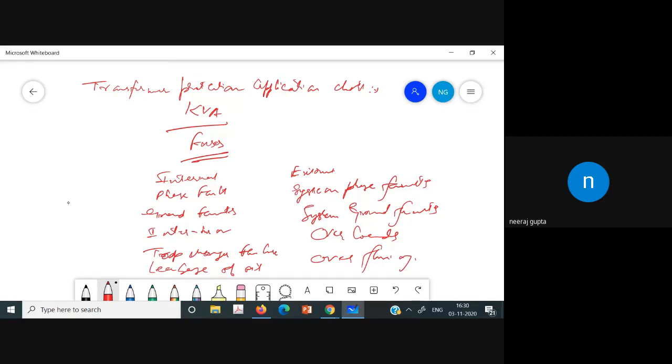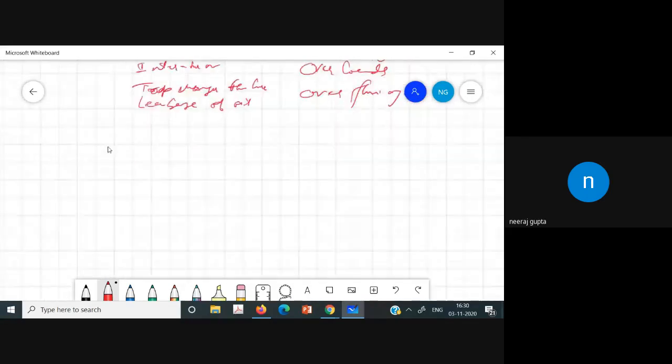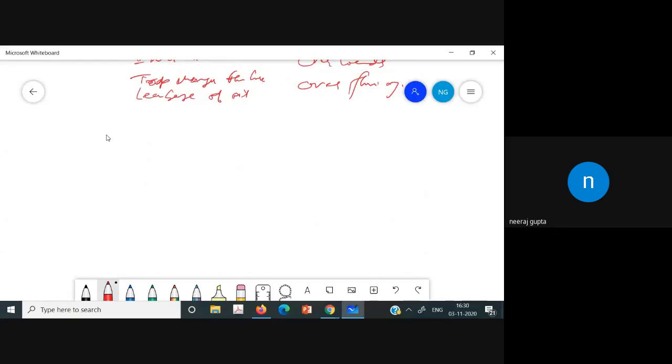And last is the application of the protective schemes that we have discussed, for the faults, with the protection scheme, primary and backup.